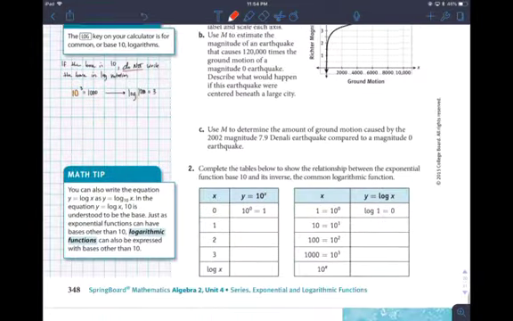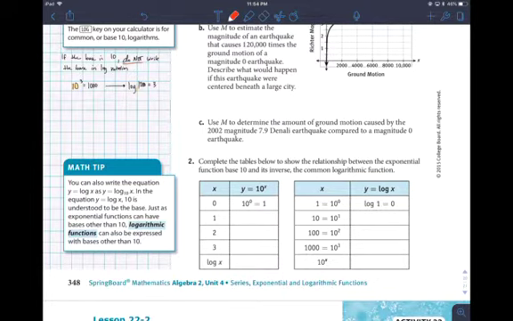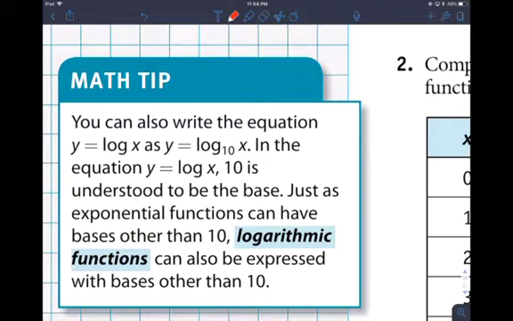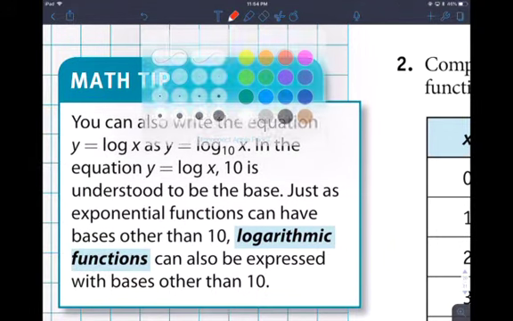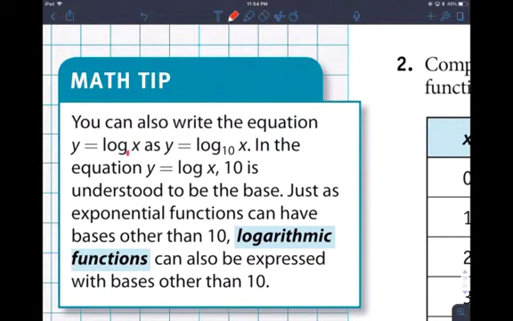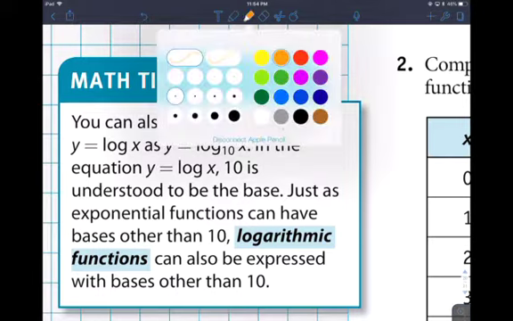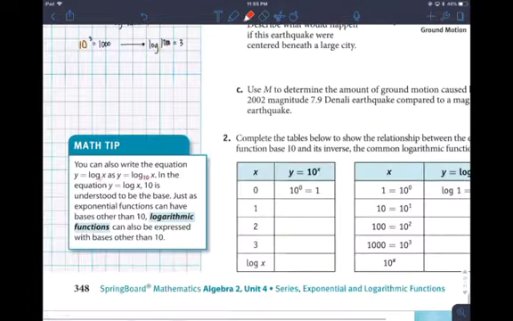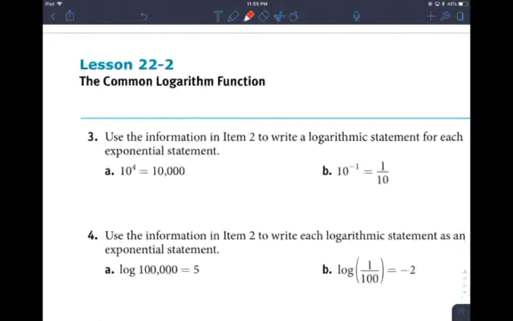Let's look at, and again, it's also here, when there's no base, it means the base is 10, okay? With that, I want to emphasize this type of problem right here.